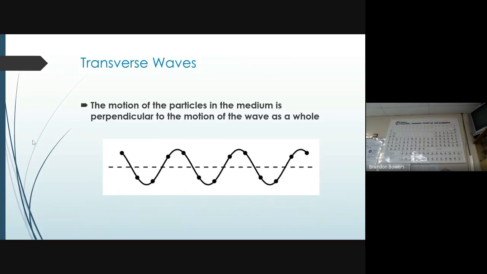Third one: transverse. The motion of particles in the medium is perpendicular to the motion of the wave as a whole.